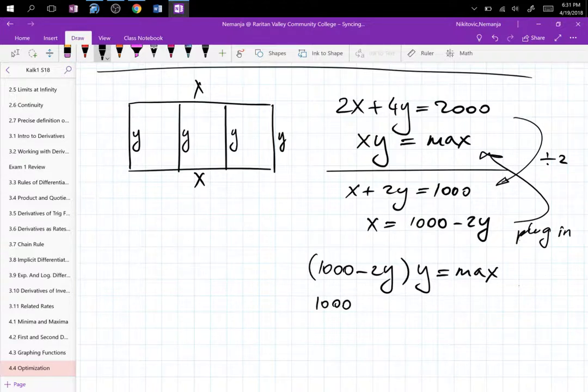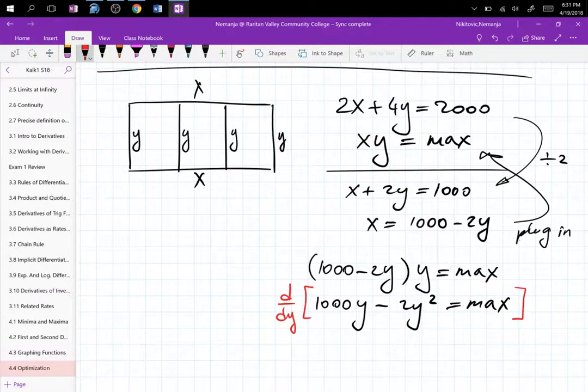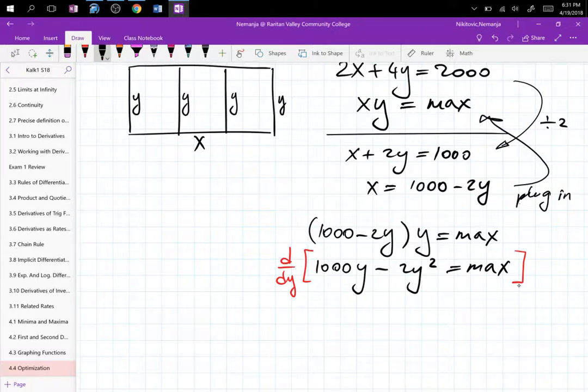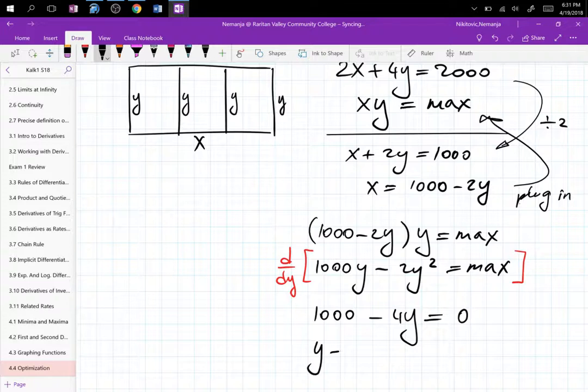And then 1,000y minus 2y squared is a max. And we hit this with a derivative, d/dy. So that's 1,000 minus 4y equals 0. And hey, here we go. Y is 250 now. 250 yards.